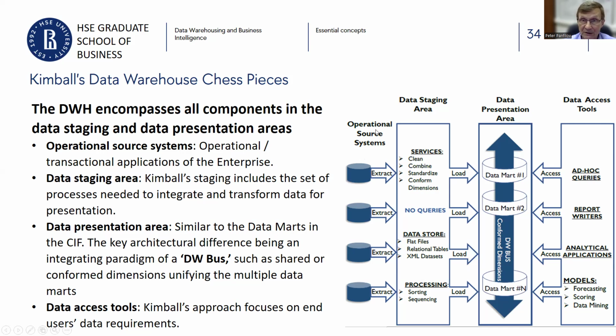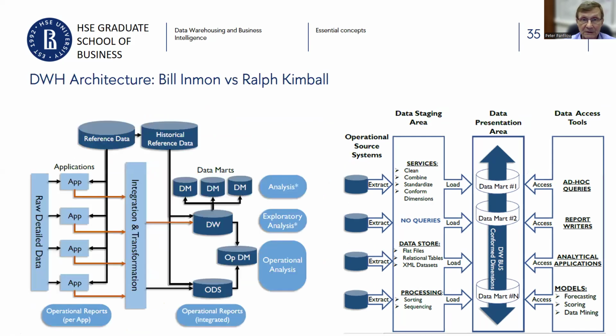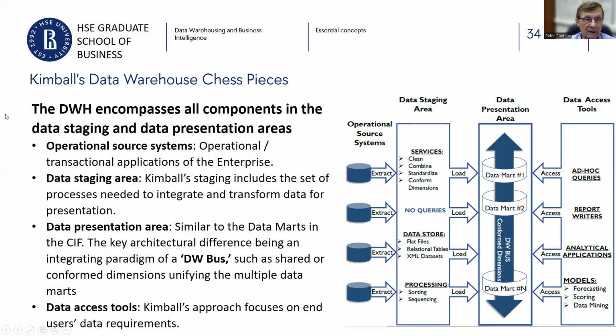And this component is essentially similar to what we have in the SIF diagram. So you see here, we have operational source systems and we have applications to the left. So pretty similar. Okay, then data staging area.